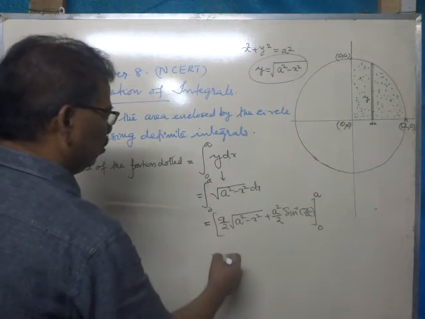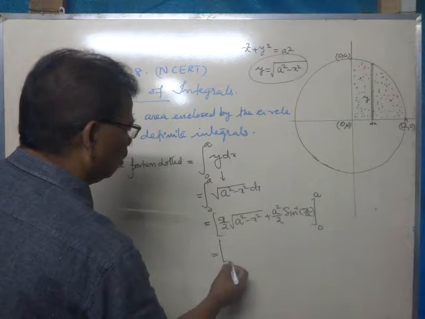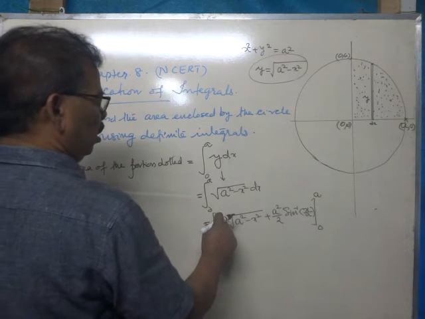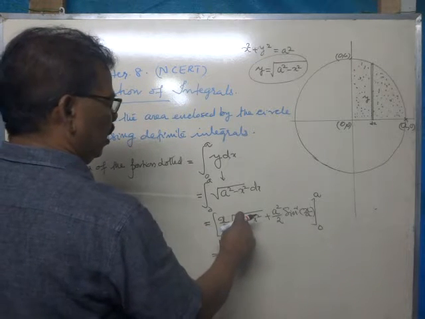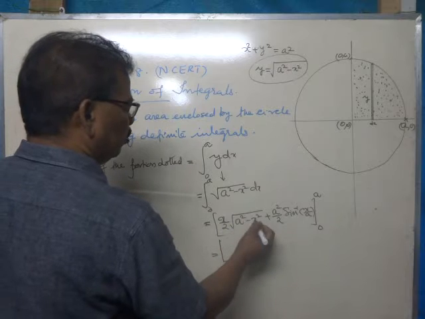Giving the upper value, when you put x equals a, here a square minus a square becomes 0.